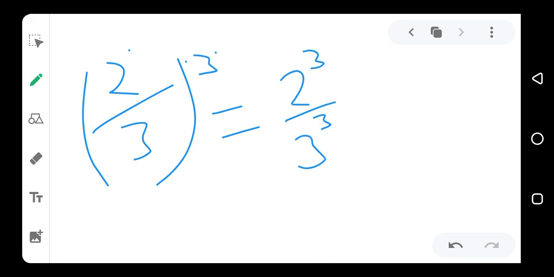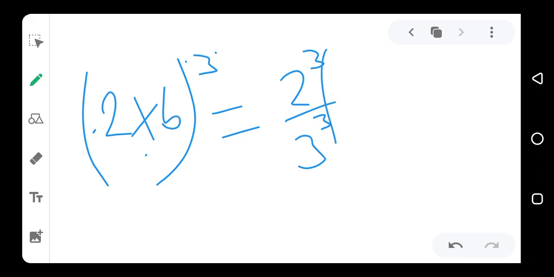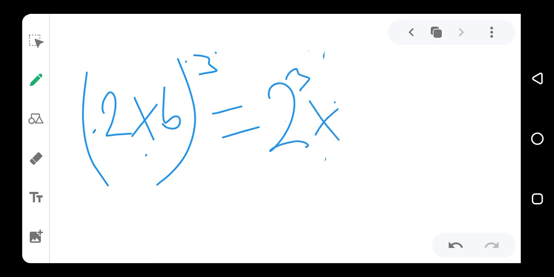So with this, you start to solve. If what you have inside brackets, like I gave in the other example, is, let's say, 2 times b, then it is going to be 2 raised to power 3 times b raised to power 3.